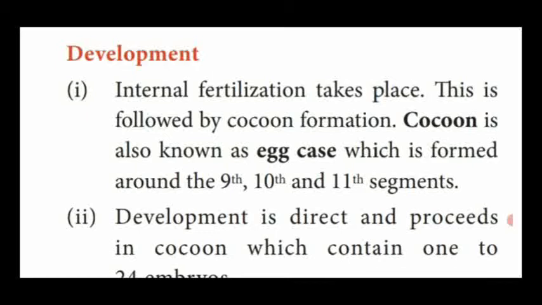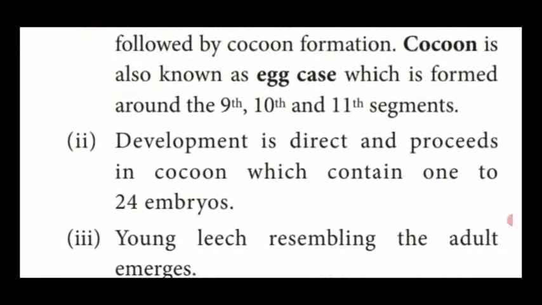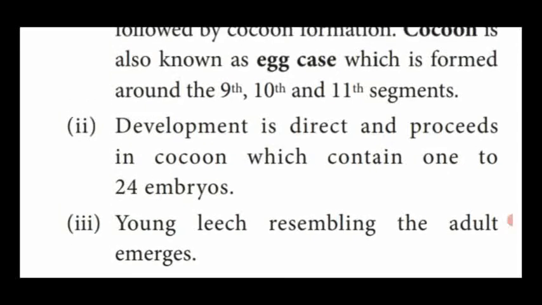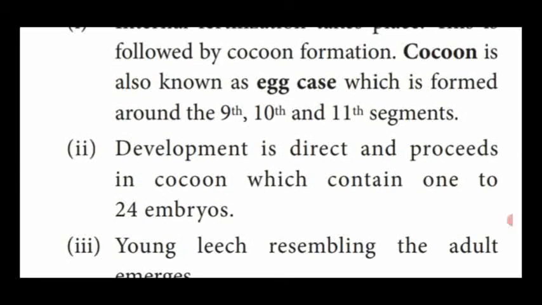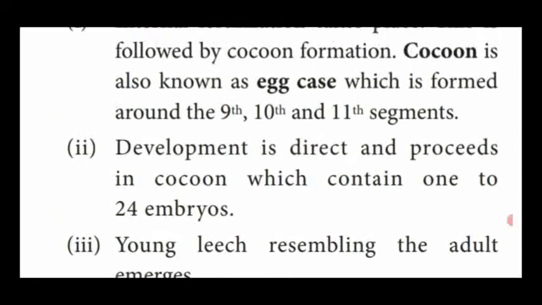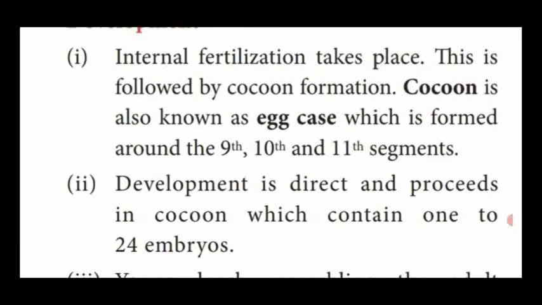So internal fertilization takes place. It produces a special case called a cocoon or egg case in the 9th, 10th and 11th segments. After direct development, the cocoon which contains 1 to 24 embryos develops into new leeches. The young leech resembles the adult leech. That is the development of the leech.